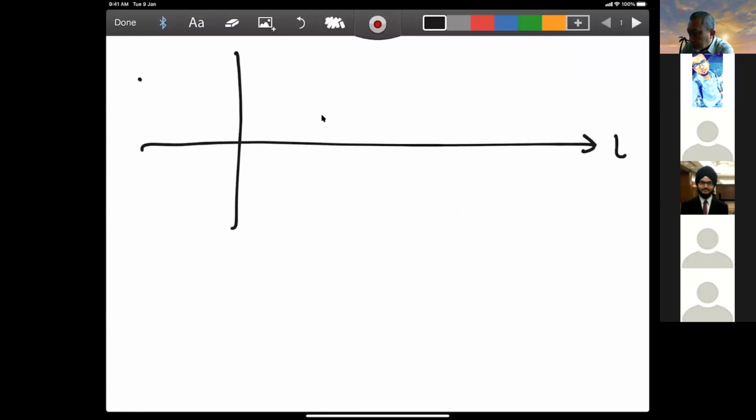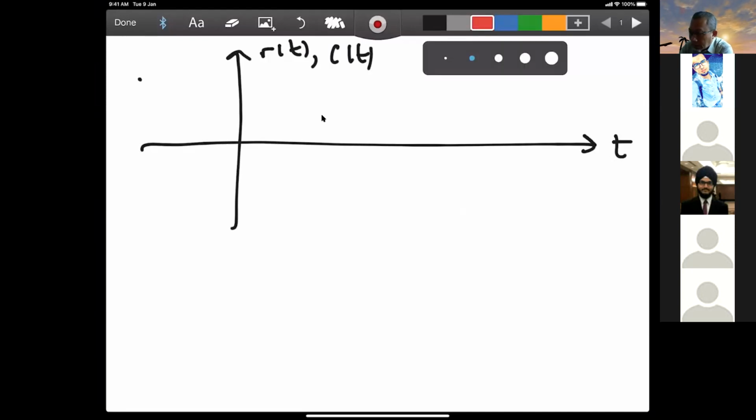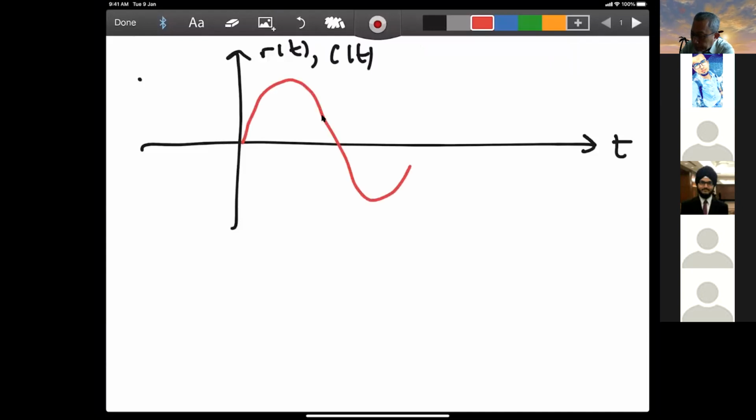So you have the signals here, with time, and the input signal, which is the R of t and C of t. So let's say the input is here, and the output is represented by the blue line.